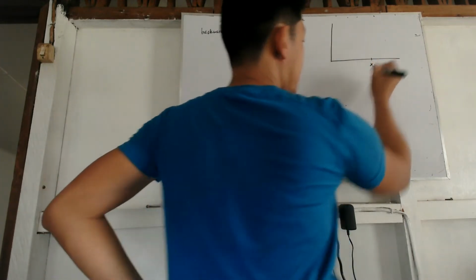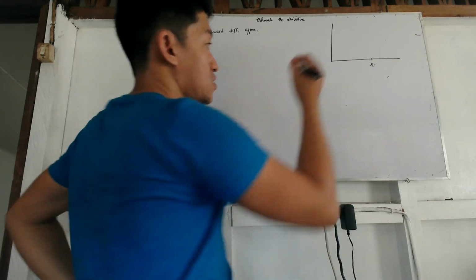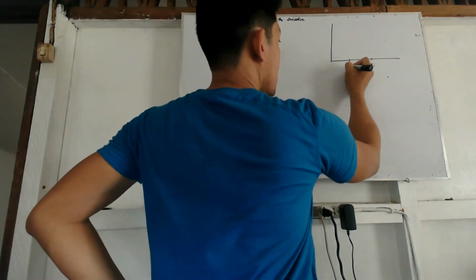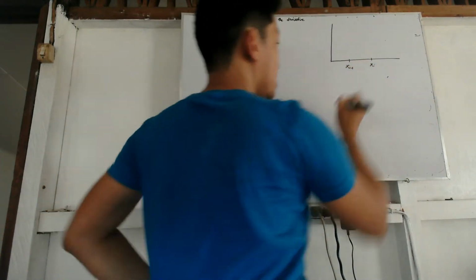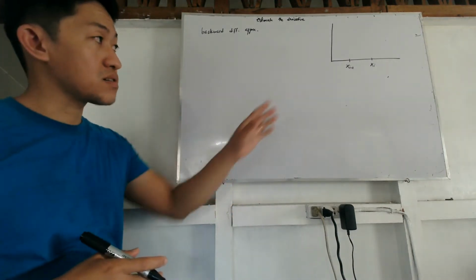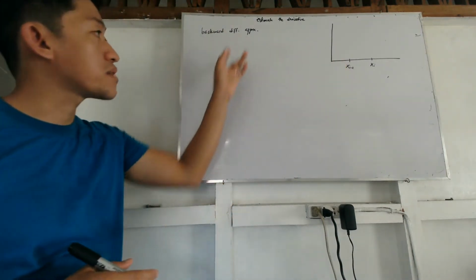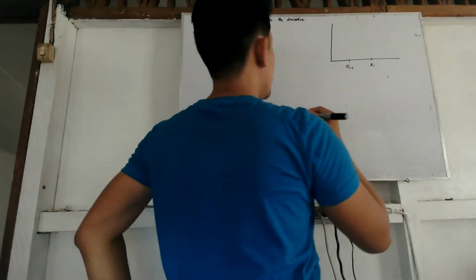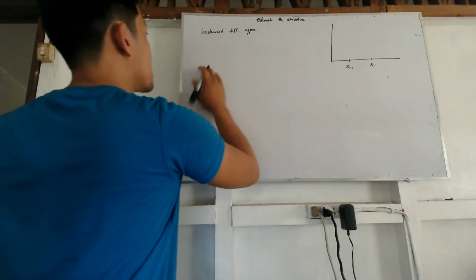This is your xi, and you will use the value before xi. So you work back. It's at the back, no? Backward difference.